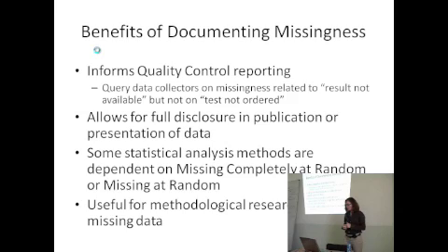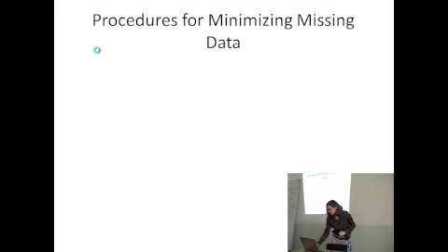It's also useful for methodological research related to missing data. For statisticians, missing data is a huge problem, so if they get any information they can on missing data, they can adjust their methods and develop new methods for handling similar situations.